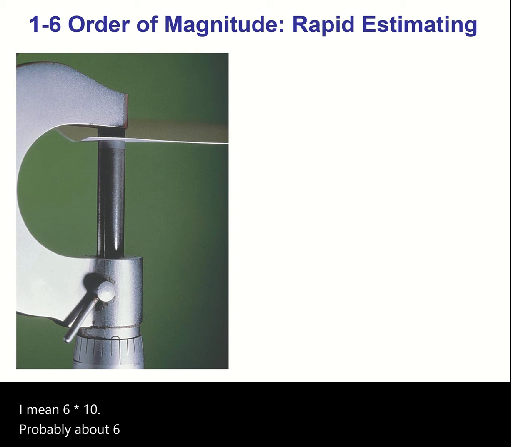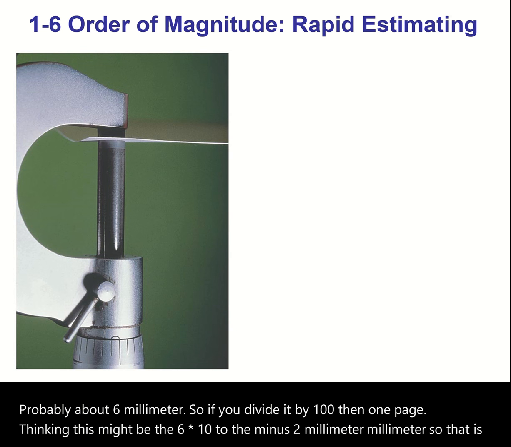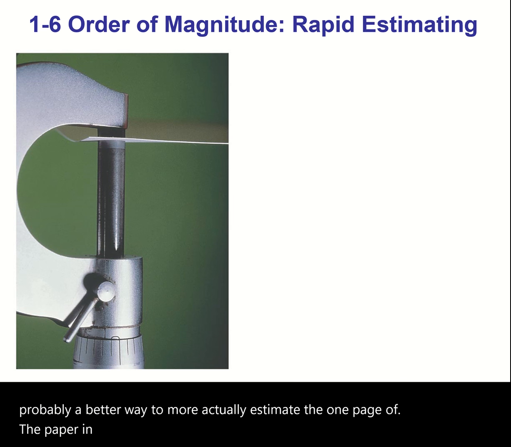If you divide it by 100, then one page thickness might be 6 times 10 to the minus 2 millimeters. So that is probably a better way to more accurately estimate the thickness of one page of paper, and it is called rapid estimating. In science, we use rapid estimating a lot.